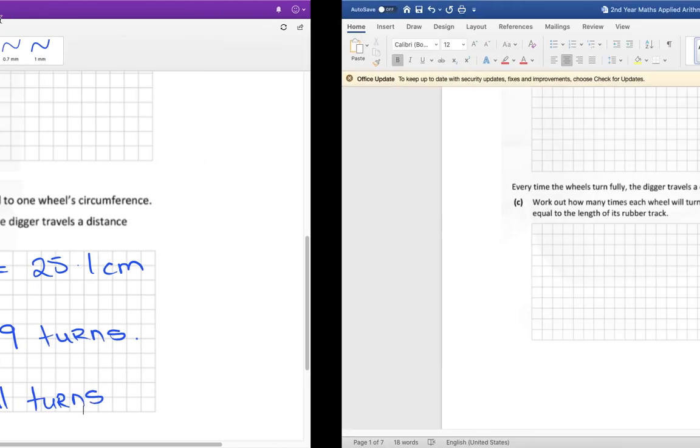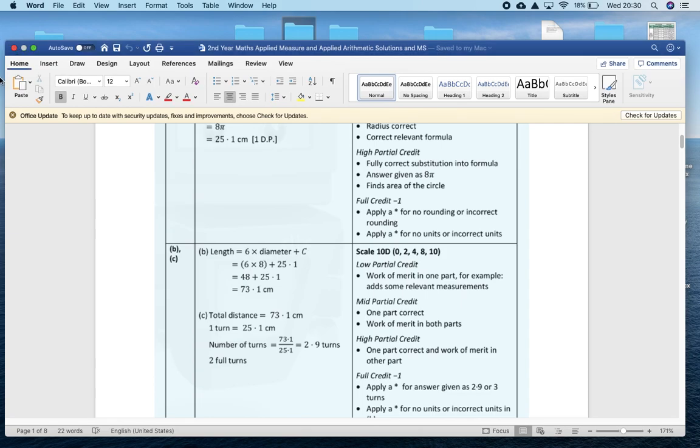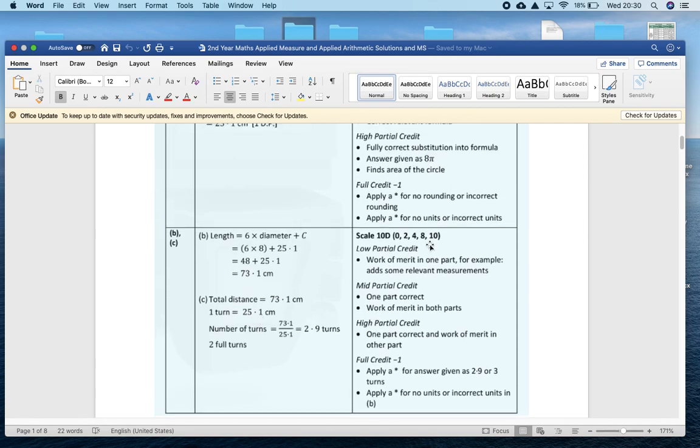Okay, so if you have B and C correct, both of them, you get 10 marks. And again, you have your -1s, which is pretty much always for rounding or units. And if you have one part correct, you get a high partial credit, which in this case is an 8.